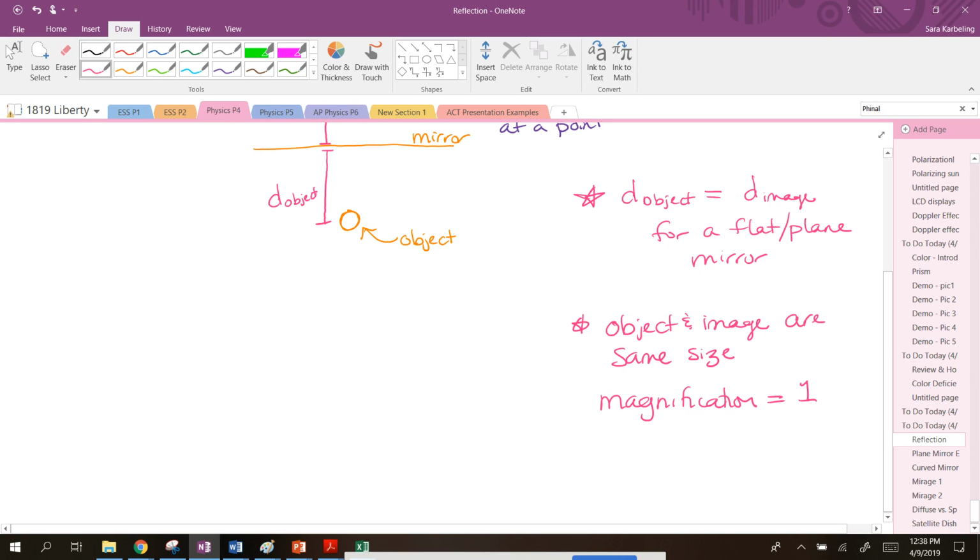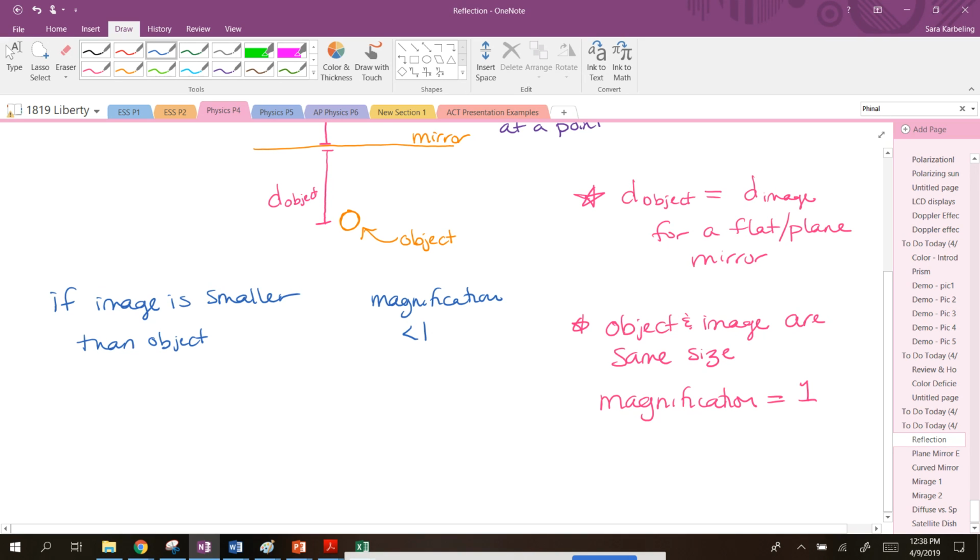We can write down these little deals. So we can say that if the image is smaller than the object, the magnification is less than 1.